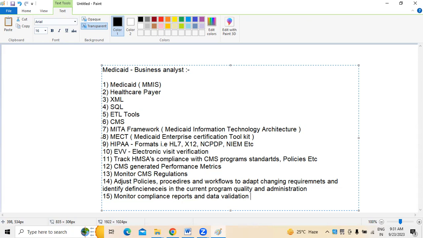These are the major areas for a person who is applying for job opportunities or who is transitioning towards the healthcare side or Medicaid. This knowledge is essentially required: HIPAA, the MITA framework and how it functions, MECT, CMS-related stuff, EVV, tracking HMSA compliances, performance metrics, CMS regulations, monitoring compliance reports and data validations, adjusting policies, procedures and workflows, and administering changing requirements.